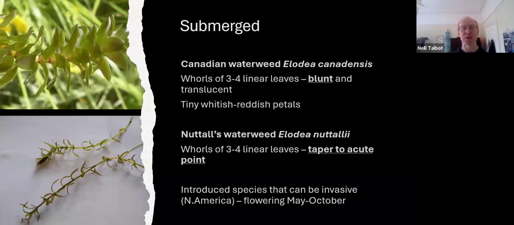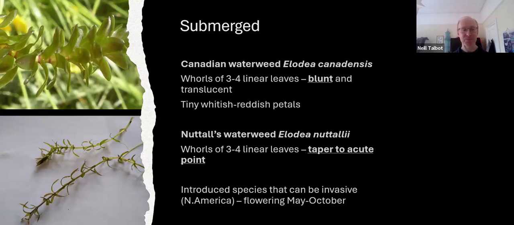Some people call them Canadian pondweed and Nuttall's pondweed, which can be a bit confusing because there's also another species, a native species called pondweed, that's the Potamogeton pondweed. So just be aware that this one is the Elodea, not Potamogeton, and it might be better to call it waterweed rather than pondweed to avoid confusion.